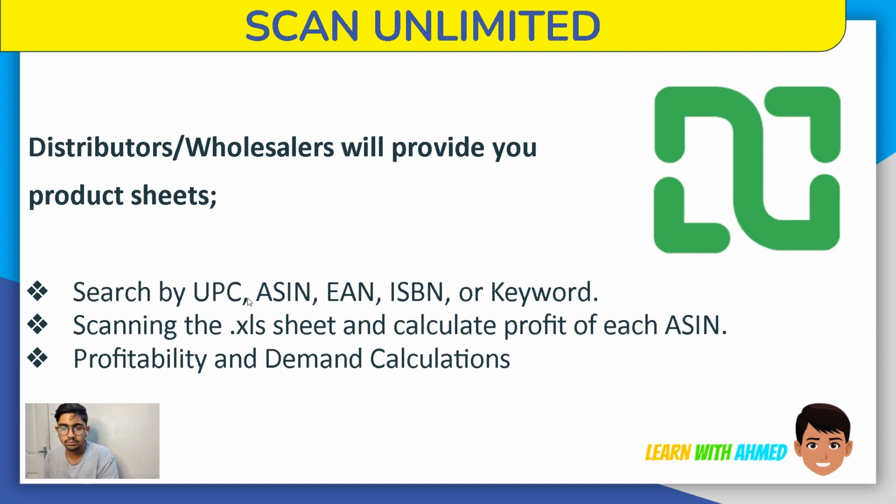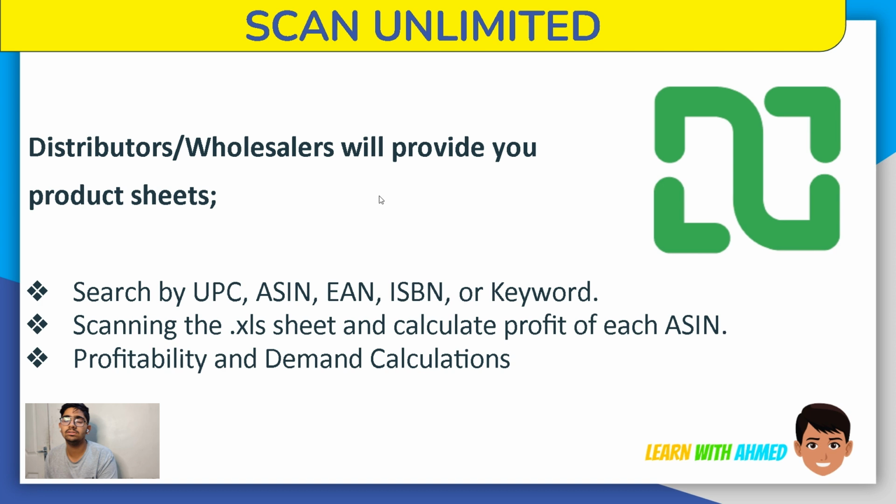Then we define the columns, like column A is the UPC, column B is SN, or whatever is given by the distributor. Few distributors give only UPC, few only give SN, few give the other of these three, or few may not give any of these. If the Excel sheet does not contain any of these, you cannot use Scan Unlimited. Otherwise you just have to upload your sheet.